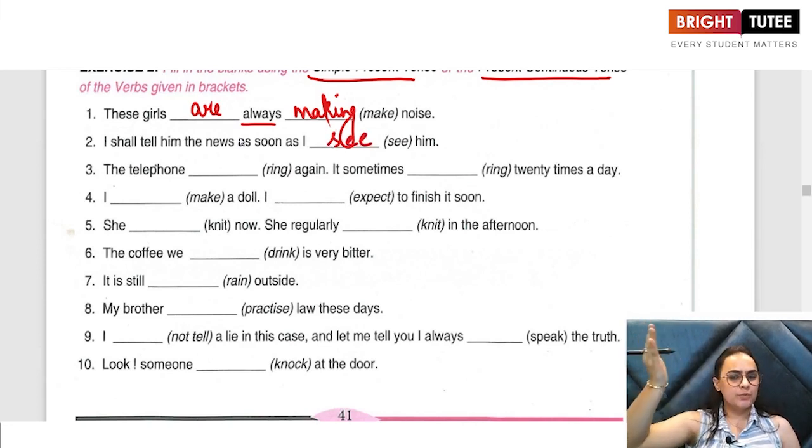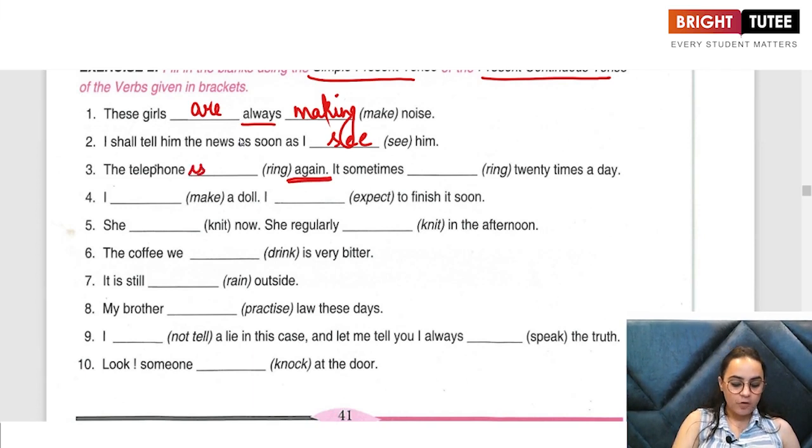This is something which is being spoken in general. A present tense is used. No continuation, no progression is taking place in the sentence. The telephone dash again. It sometimes dash 20 times a day. Again is used. Repetition. Remember, this is the use of present continuous tense, that it talks about an action which is repeated.